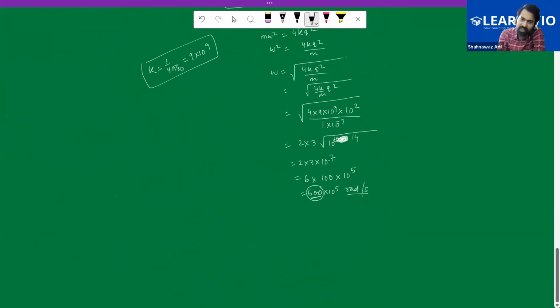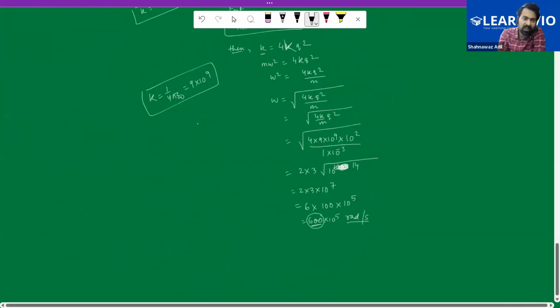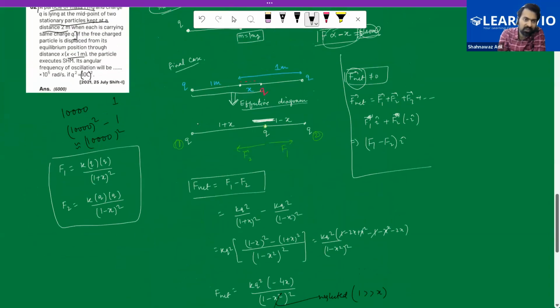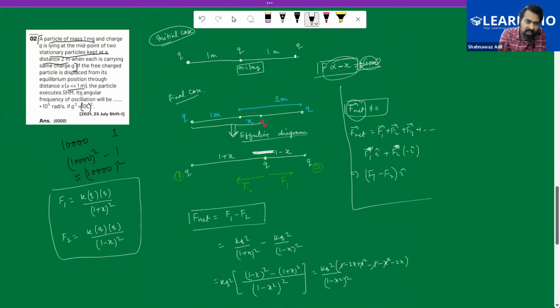If we take 10 to the power 5 from here, two zeros would remain. So if such a question comes, we just have to write 600 into 10 raised to 5, because we have to compare it with the statement that its angular frequency of oscillation will be dash 10 to the power 5 radian per second.